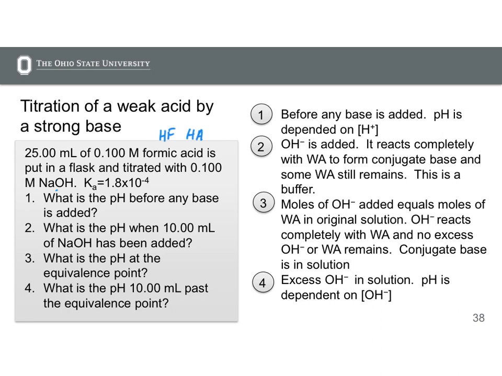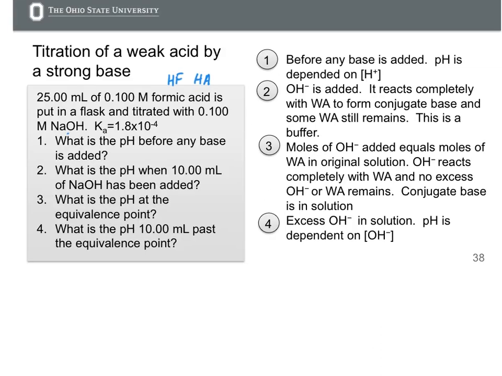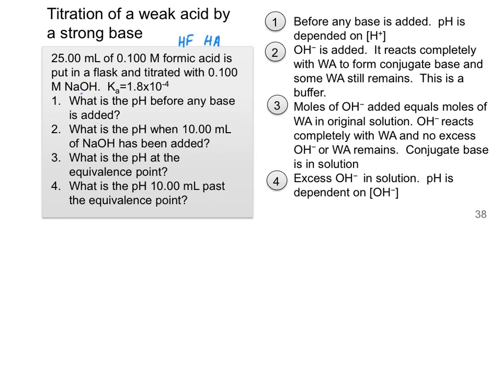But if you notice question 3, it says, what is the pH at the equivalence point? We don't know, given the information in the problem right now, without calculation, where the equivalence point is going to occur in terms of volume of NaOH. So what I recommend is, if you have a problem like this, that's the first thing you should calculate. At what volume does the equivalence point occur?